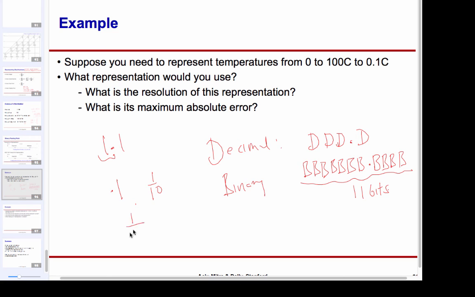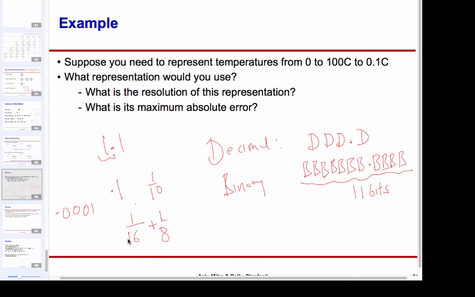The smallest thing I can represent is 1 over 16. If I represent 0.1 as 0.0001, then I'm representing 1 over 16, whereas I really needed 1 over 10, so there is an error. What else can I do? I can add 1 over 8 to it. That's the next smallest thing I can add. But then it is equal to 3 over 16, which is unfortunately too large compared to 1 over 10, so I cannot use that either.